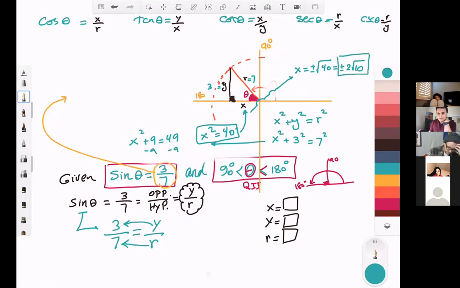Do we get plus 2 root 10 or negative 2 root 10? Jason? It's in Q2, so it should be positive, right? No, here, x is positive or negative on this quadrant? Oh, negative. So negative 2 root 10. So x is negative 2 root 10, y is 3, r is 7.